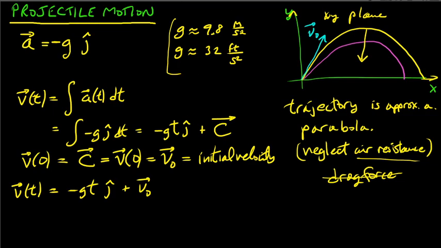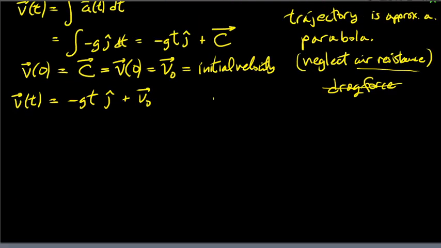Now suppose you want to know where you are. Where is this thing? So that's the position. How do you find the position vector, given the velocity? Again, take another antiderivative or indefinite integral.